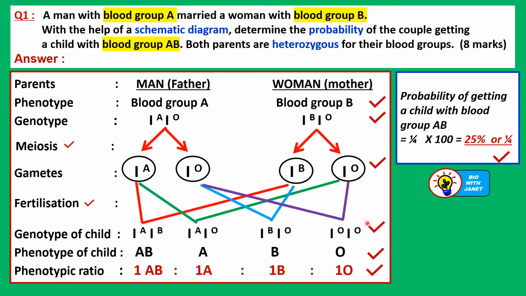The 4th tick is for genotype of child, 5th tick for the phenotype, 6th for phenotypic ratio, 7th tick is for your working, and the 8th tick is for your answer. And also maybe marks will be given when you write meiosis for the arrows here, and fertilization. Maybe 1 mark for both labels. So any 8 points to get 8 marks.